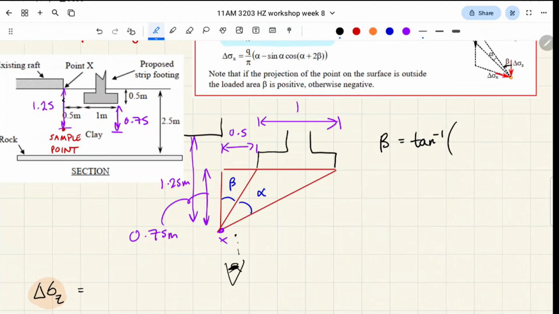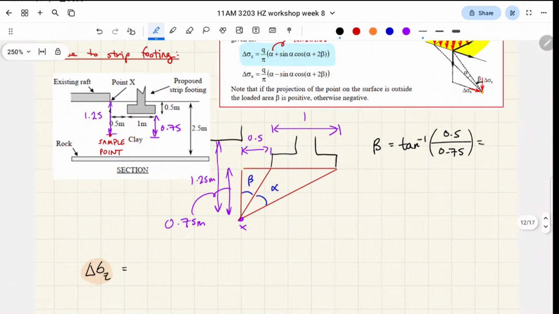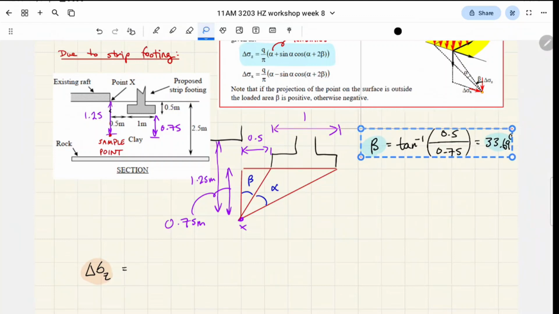So the rise is going to be 0.5, and our run is going to be 0.75. Got it? When we plug that into our calculator, that gives us that beta is 33.69 degrees. That's beta done. That's not too bad.